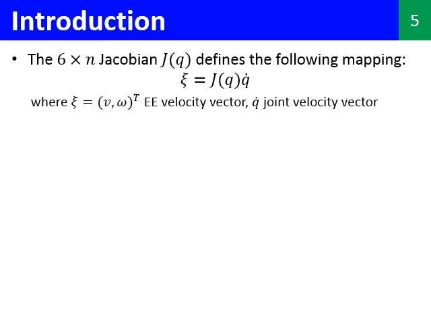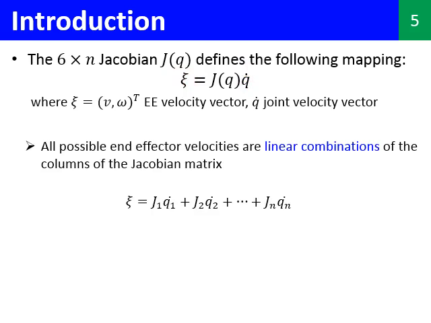Today we will look at the singularity configurations that can occur in the manipulator. The Jacobian J is a 6 by n matrix that defines the mapping between the Cartesian velocity vector and the joint velocity vector. Now all the possible end effector velocities are going to be linear combinations of the columns of the Jacobian matrix.